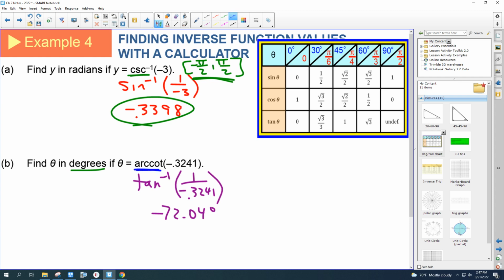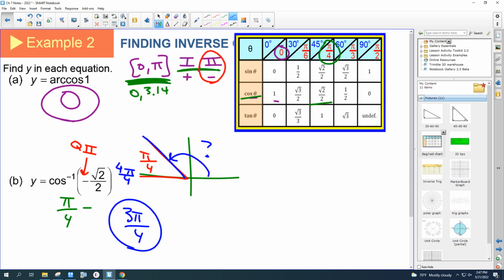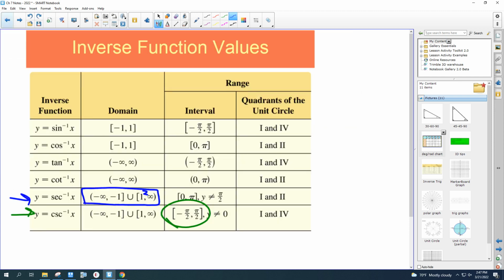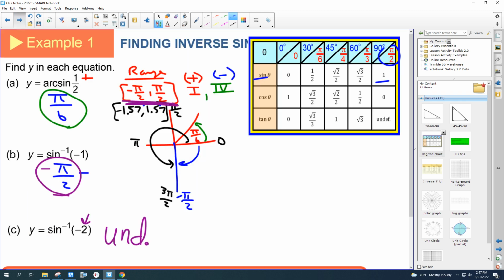But we have to go back and look at the range. You're constantly saying, is this possible? Inverse cotangent is right here. I'm looking at this range, 0 to pi. Inverse cotangent is 0 to pi.